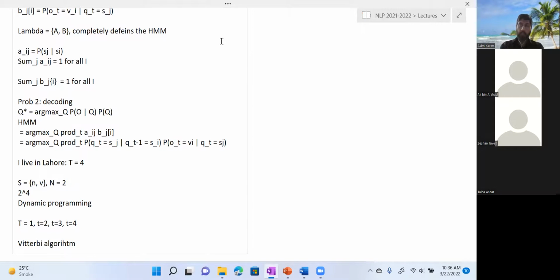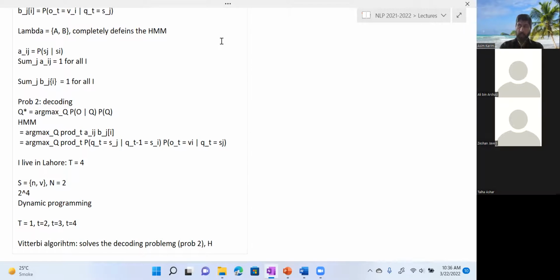So the Viterbi algorithm solves the decoding problem, problem 2.